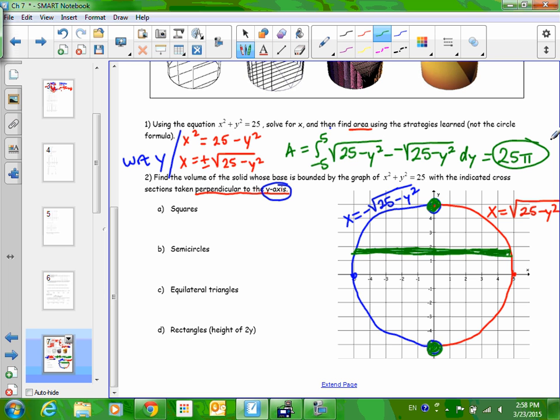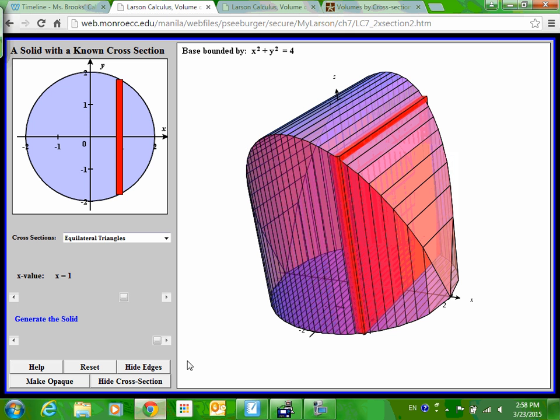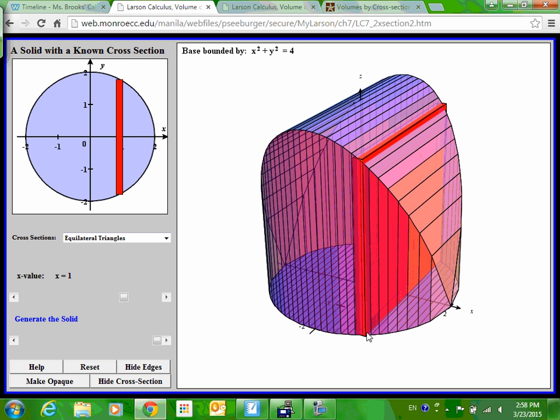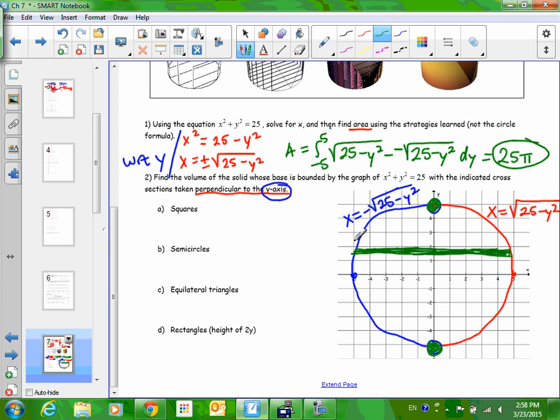Okay, so how do we take this information and put it into the problem like this? Well, instead of just having a line at the bottom, we are going to have a square. Basically, you have a square, and it's very hard to draw, but imagine it coming out of the paper at you.